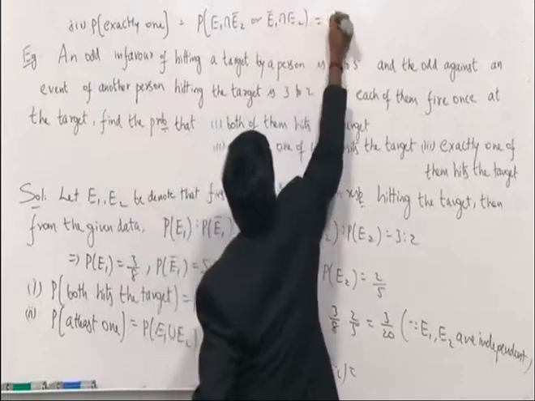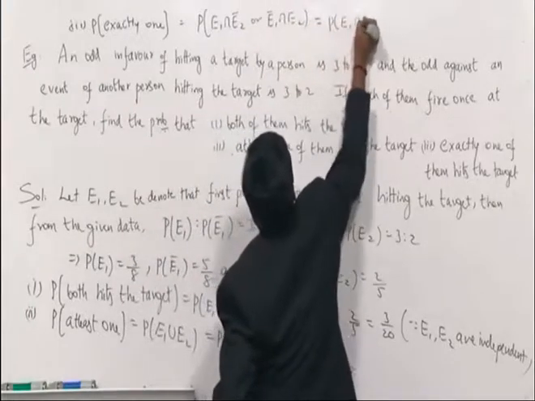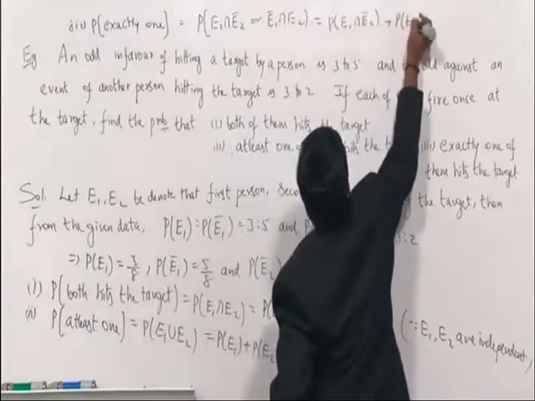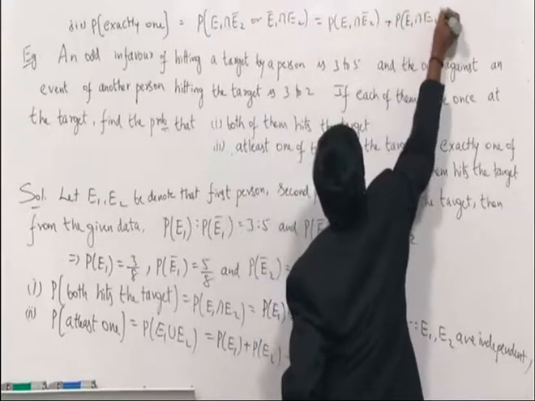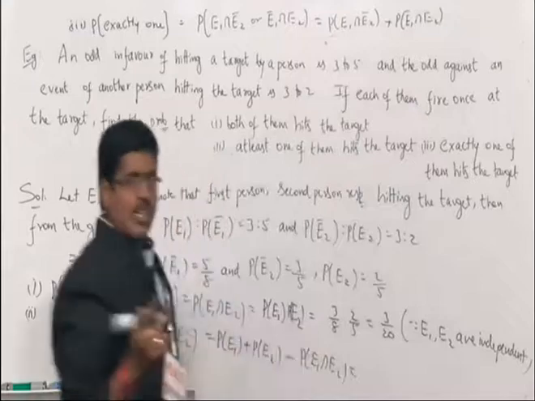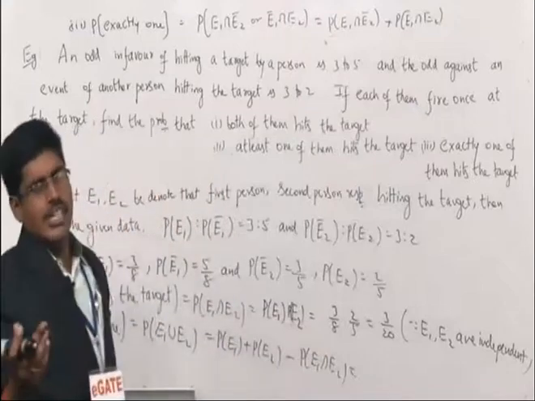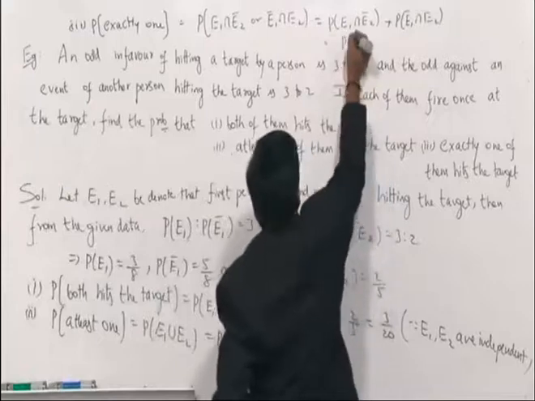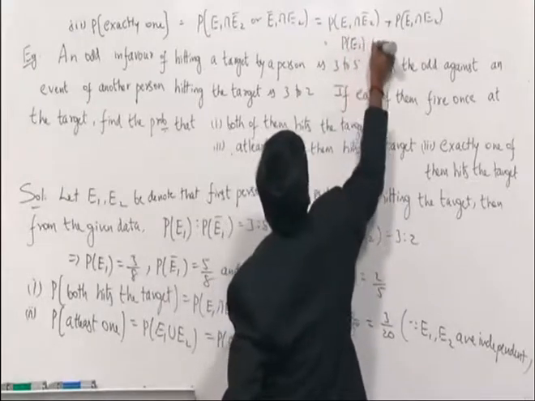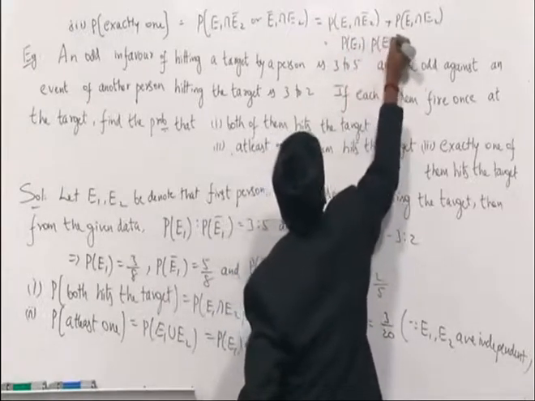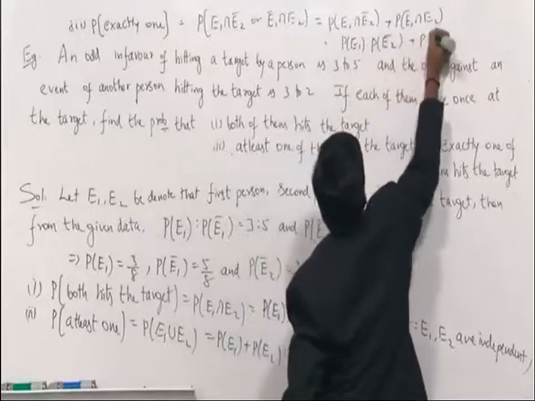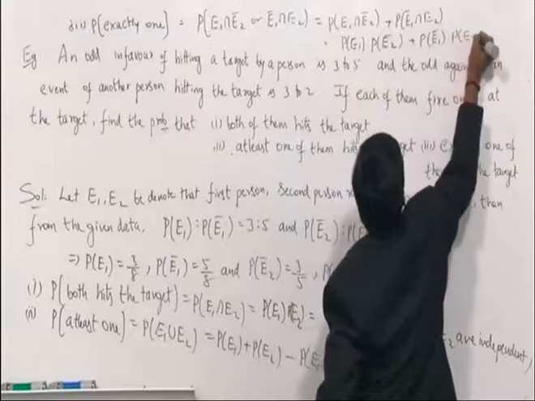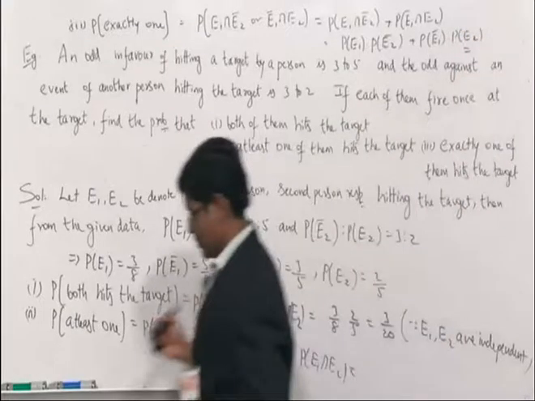This means P of E1 intersection E2 bar plus P of E1 bar intersection E2. According to independent events, E1, E2 independent means E1 and E2 dash, E1 dash all are independent. Bar means here dash. So that result will help a lot. Independent events, note the point: P of E1 into P of E2 bar plus P of E1 bar into P of E2. Later you simplify.